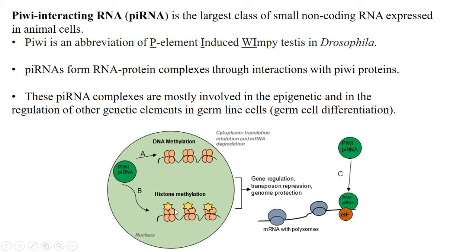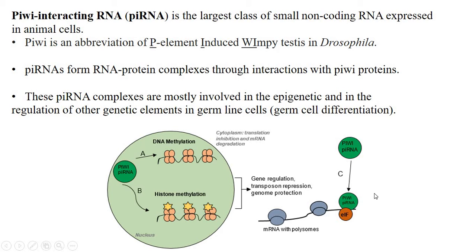Either way, methylation of DNA or methylation of histones will change the expression of the gene by changing the chromatin structure. In the cytoplasm, these will then lead to translational inhibition or mRNA degradation, more frequently translational inhibition because of the chromatin remodeling. These are involved in gene regulation, transposon repression, genome protection.